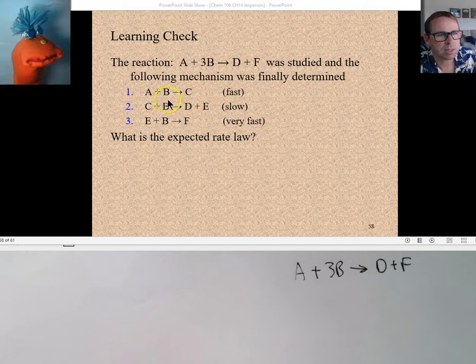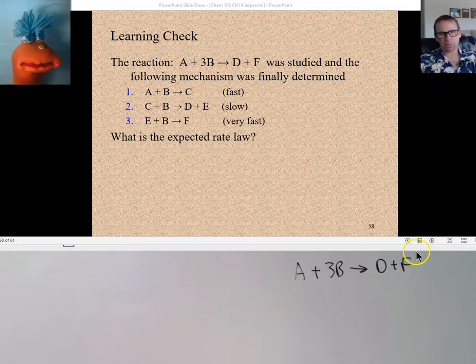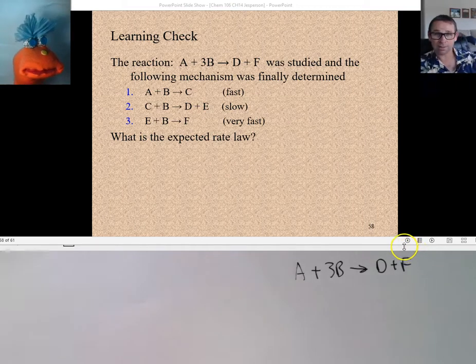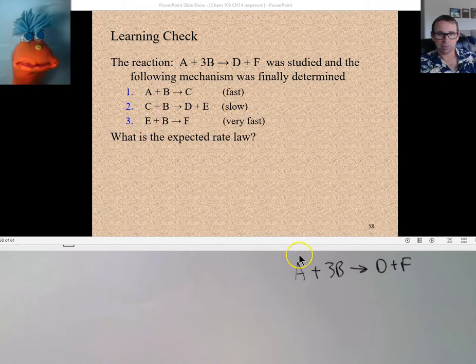The C's cancel out, the E's cancel out. I have D and F left over, and I have to put in an A and 3 B's to get that overall reaction to occur. So somebody would be tricked if they didn't realize that to identify the rate law, you have to do it experimentally, right? Remember, we just mentioned that.